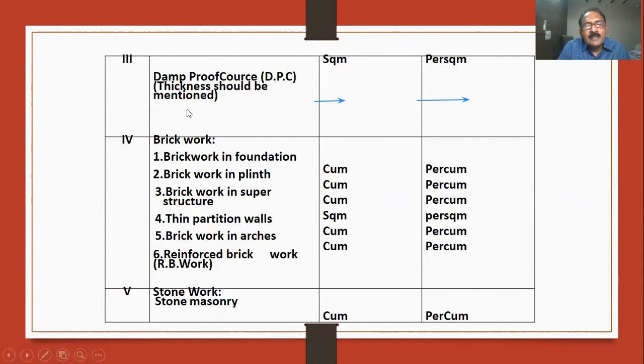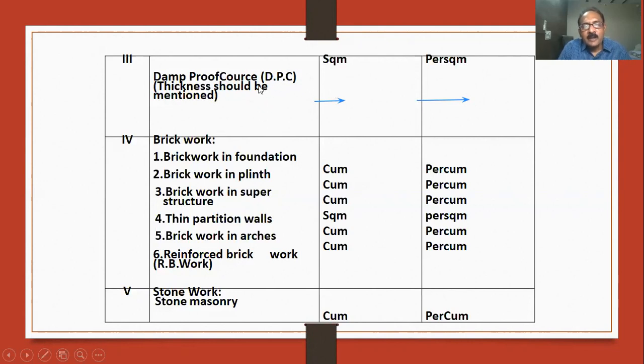Whenever you find depth, width, length, you calculate volume, in cubic meter. No. DPC is always calculated in square meter. That is the principal unit in this subject.